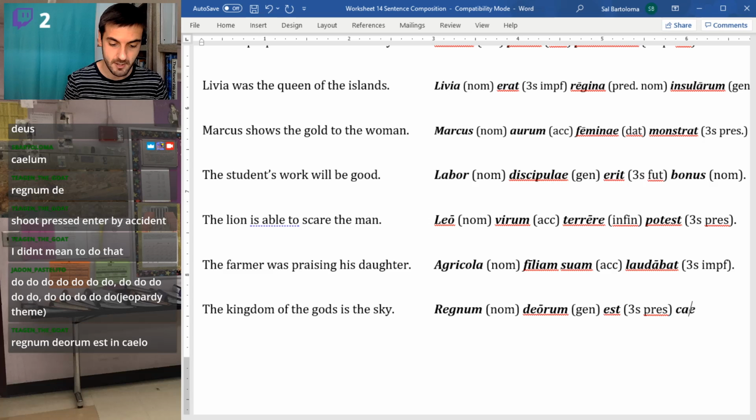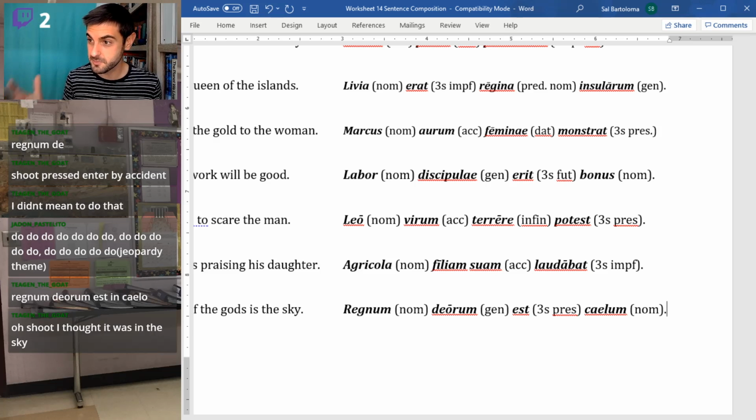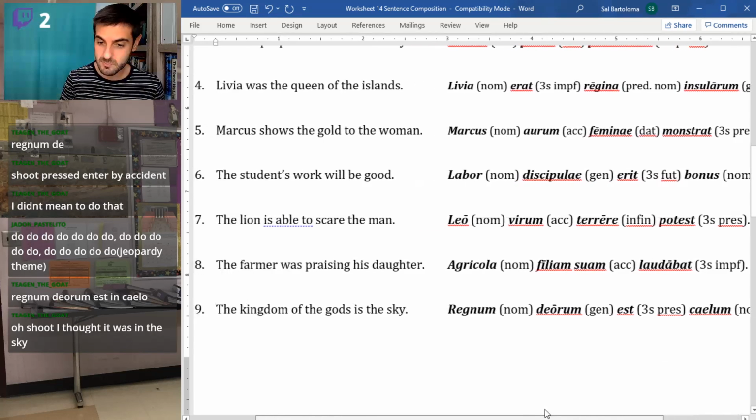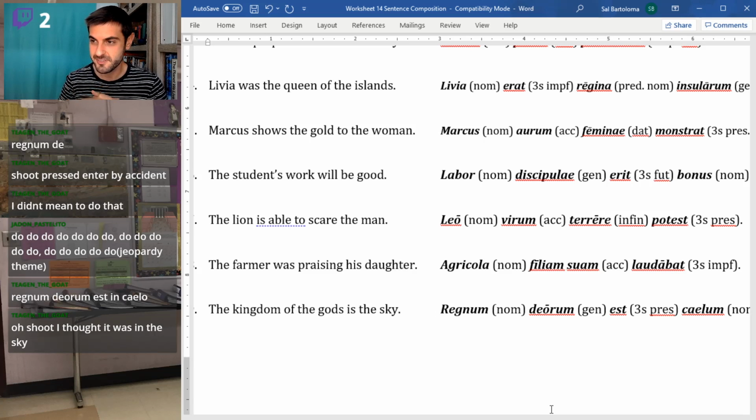And then we would just keep it nominative, caelum. Right, it's a predicate nominative situation. The kingdom is the sky. But I agree with you that their kingdom is also in the sky. So what you did is awesome. If that's what the sentence had said, you did in caelo, you made it ablative, you crushed it, Tegan. You just always got to read the fine print, right?